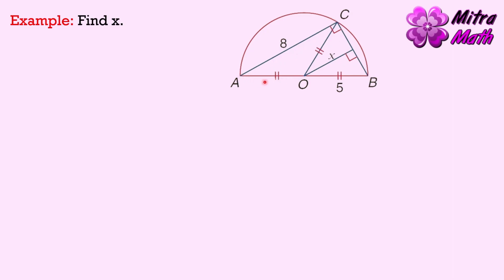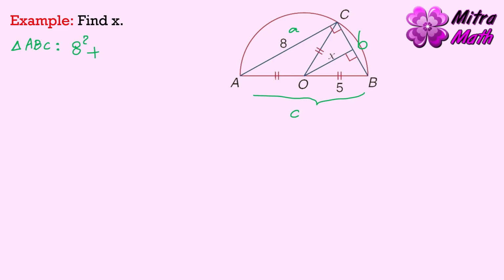Over ABC, I know this is 5, this is 5, this is 8. Easily, I can calculate CB. So let's substitute the values in the Pythagorean theorem. Over triangle ABC, let's say this one is A, this one is B, and from here to here is C. So A squared would be 8 to the 2.